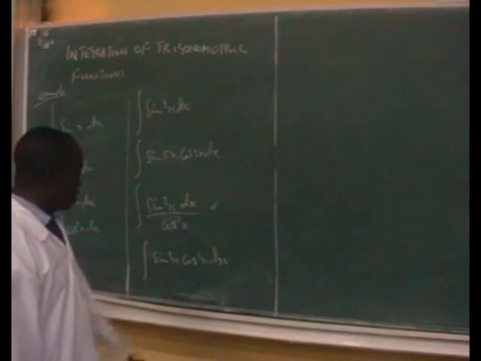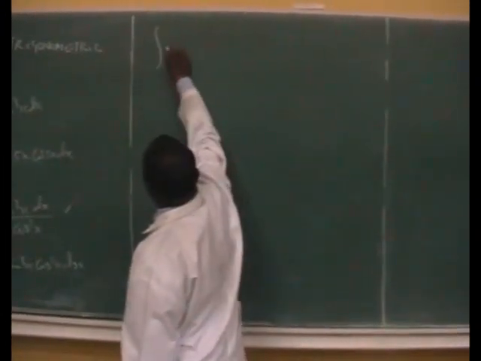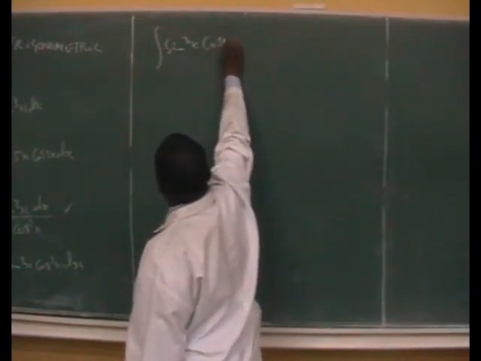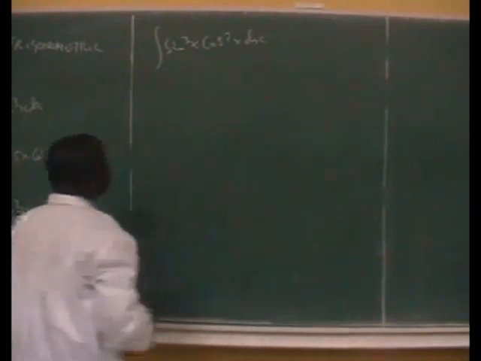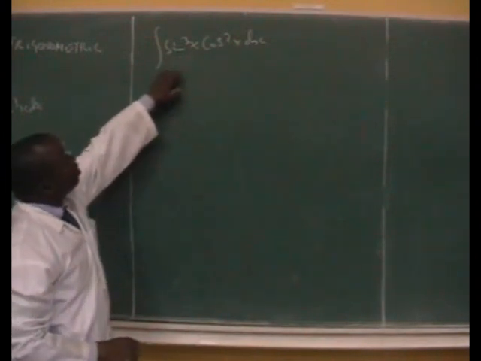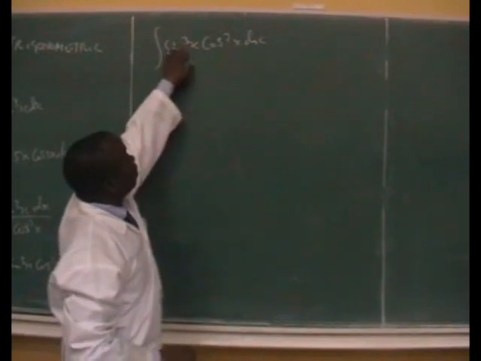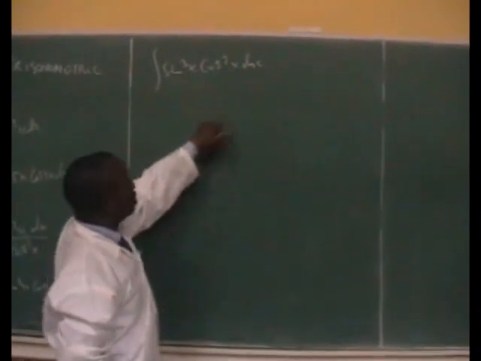So we take the last one, which is integral of sin cube x cos square x dx. In this way, anytime we want to integrate something like this, we look at this power. This is odd number 3, and this is even number 2.